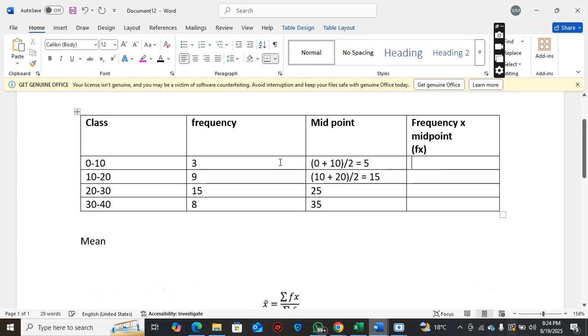So you say 3 times 5, that is 15. 9 times 15, for those with calculators, is 135. 15 times 25 is 375. 8 times 35 is 280. Any questions, colleagues?